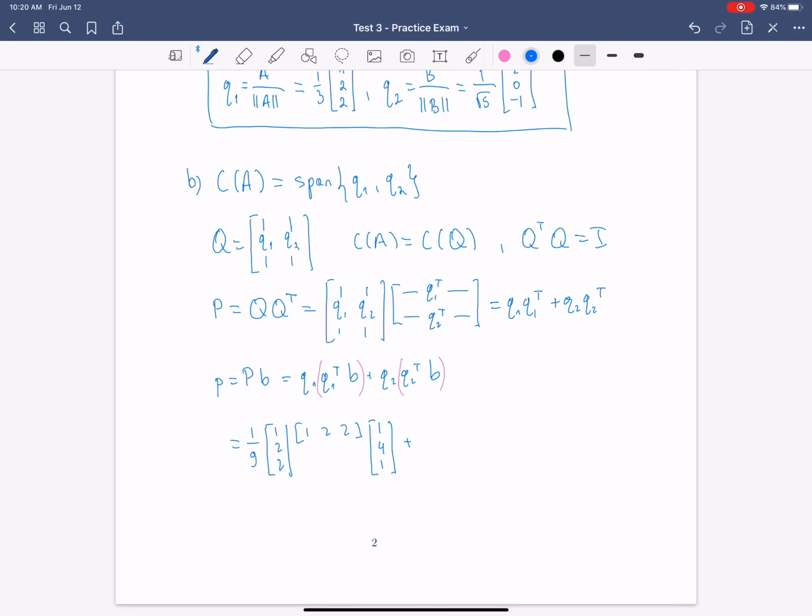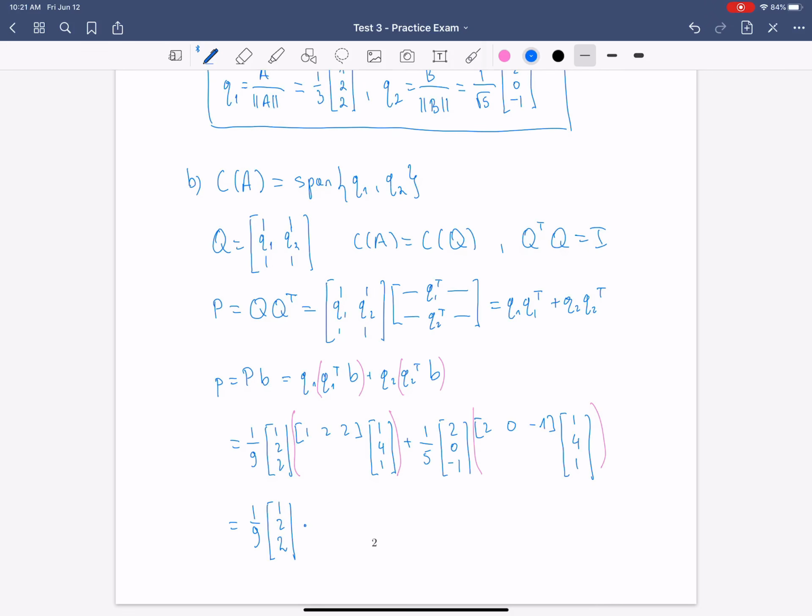Then 1 over root 5 from Q2, 1 over root 5 from Q2 transpose, I will have a 5th. Then 2, 0, negative 1, 2, 0, negative 1, and then the vector 1, 4, 1. So you see here, this is just easier to do first, and then I'll be multiplying numbers times vectors, which is easy. So that equals 1/9 of 1, 2, 2 times how much?